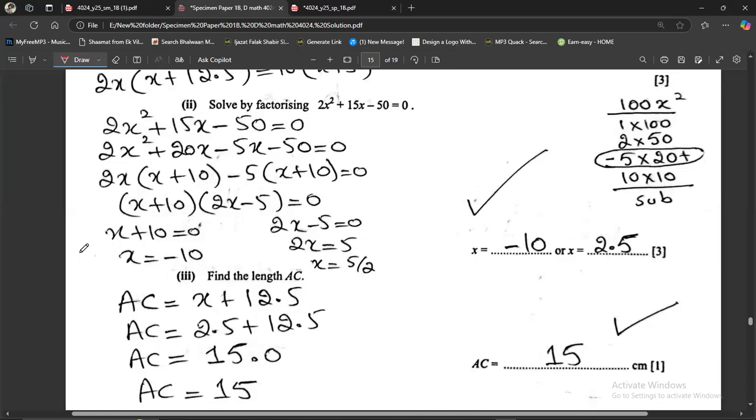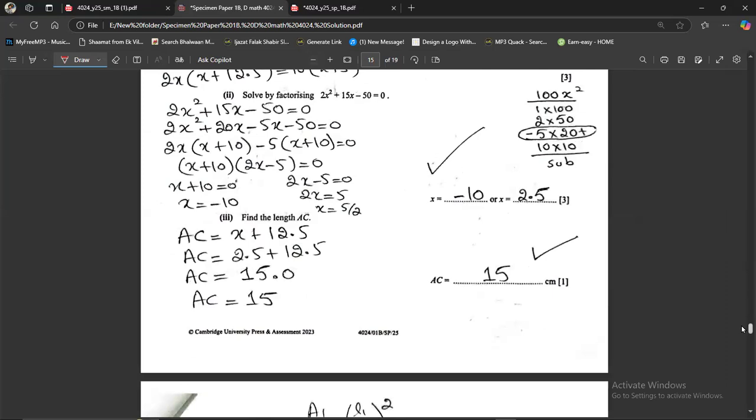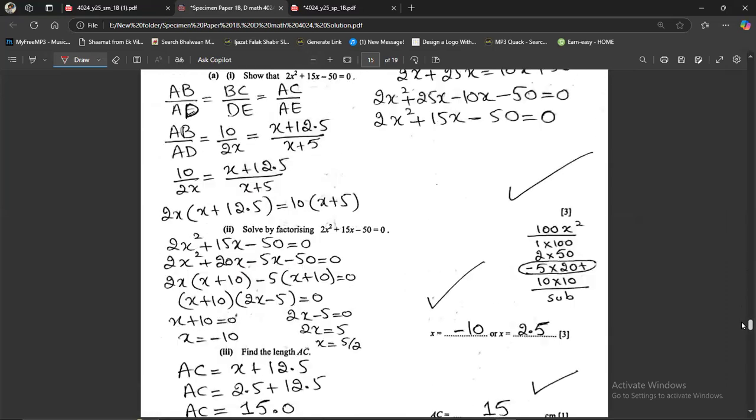I will make the second bracket equal to 0, so you will have 2x minus 5 equals 0, so 2x is equal to 5, x will be equal to 5 by 2. So I got two values of x, one is minus 10 and the other one is 2.5. So hopefully you understand this.